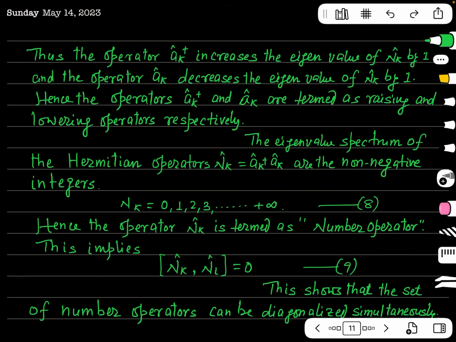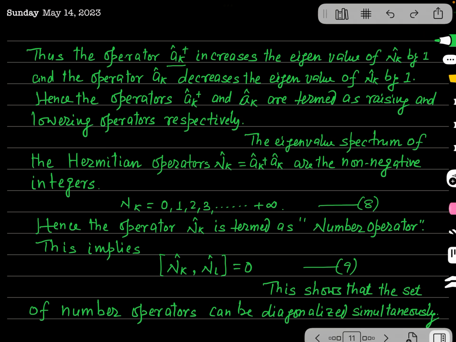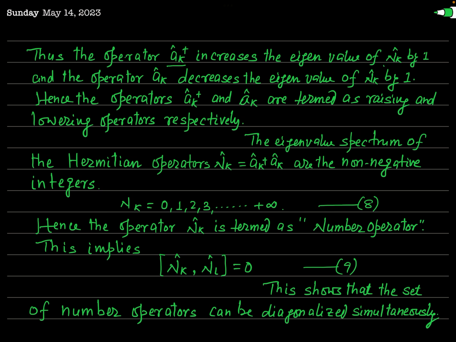I think you are getting the things. In this case the operator ak dagger increases the eigenvalue of nk hat by 1, while the operator ak decreases the eigenvalue of nk hat by 1.